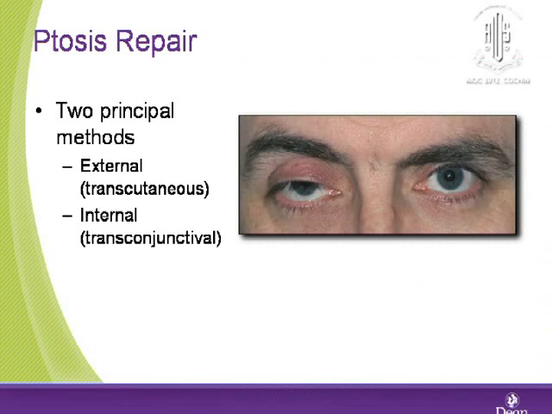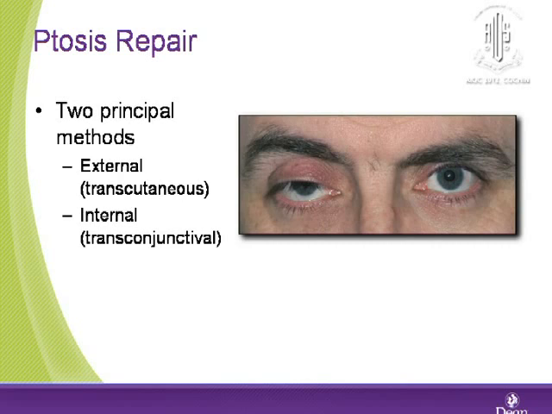My goal in the next 10 minutes is to try to make eyelid ptosis repair as simple as possible for you. In doing so, I'd like to highlight the two principal methods for addressing our most common eyelid ptosis problems, external approaches and internal approaches. In this lecture, I'm not going to address the sling procedures because Dr. Ashok is going to address them in great detail, and because they tend to focus on a very specific ptosis-related problem.